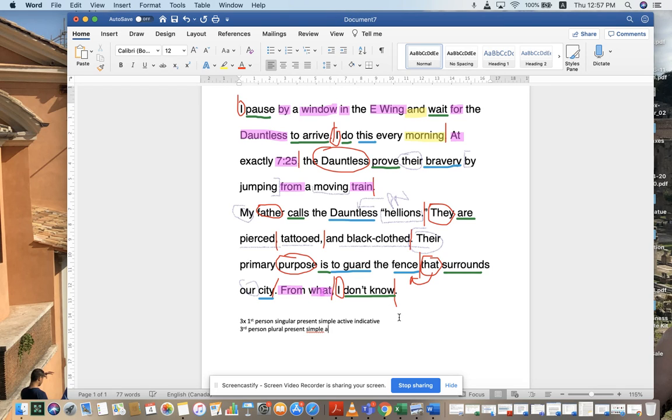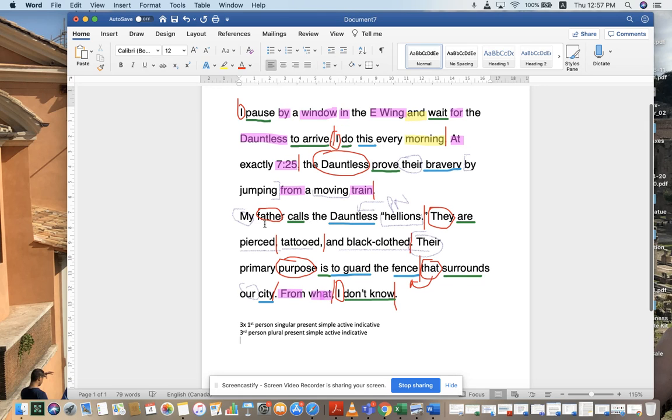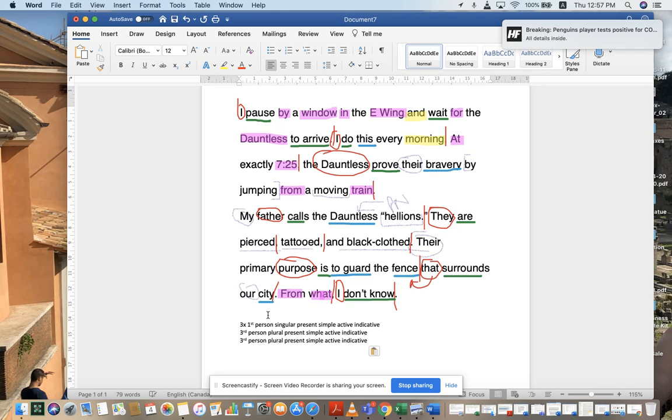It's active. And indicative. Awesome. Then we have father calls. So father calls is third person singular. So I'll just copy and paste this down here. Singular.